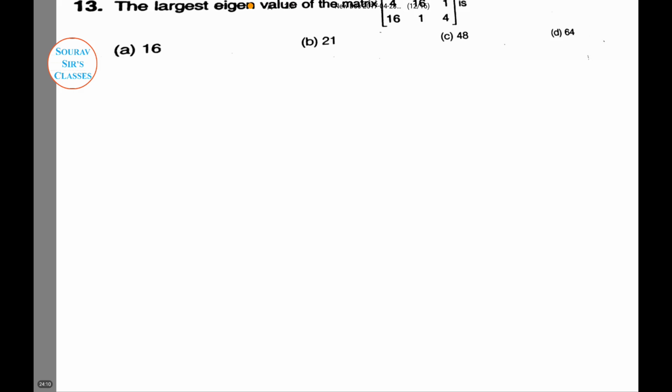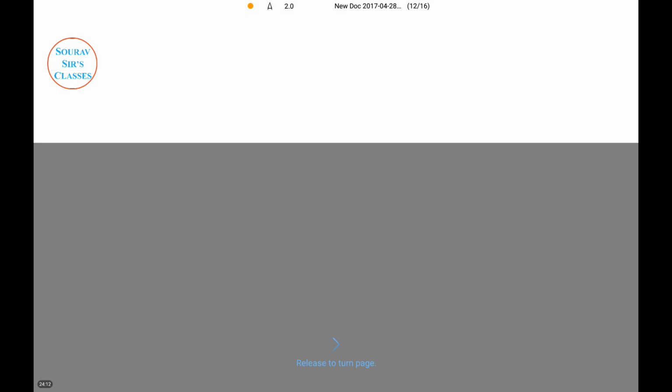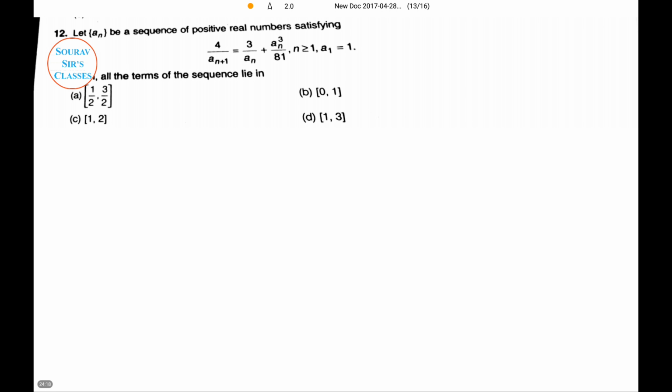Now where is 12? Oh, here it is. So let's see what is given in 12. Let an be a sequence of positive real numbers satisfying 4 of an plus 1, this thing. Then all the terms of the sequence lie in which interval?